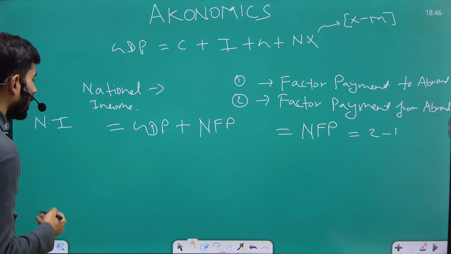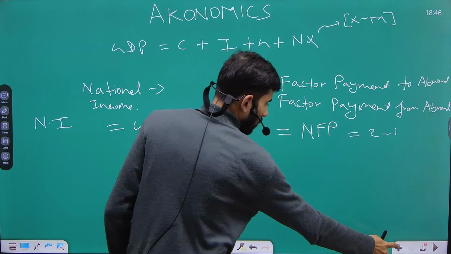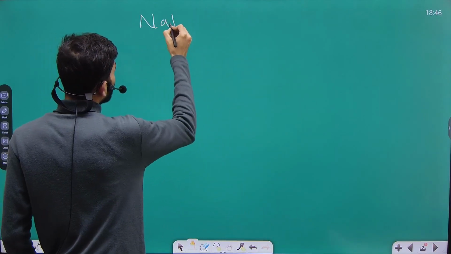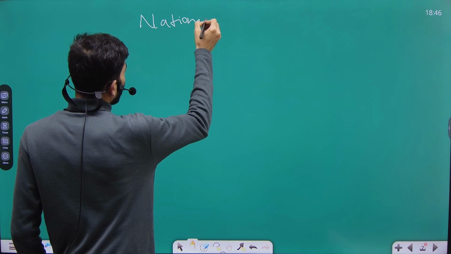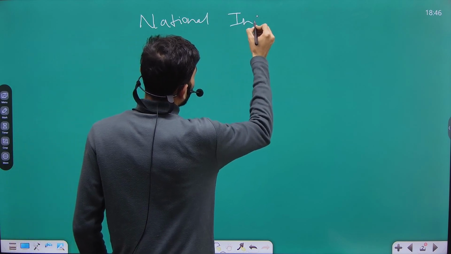Now this national income can be divided into two parts. The first part is private income and the second part is government income.